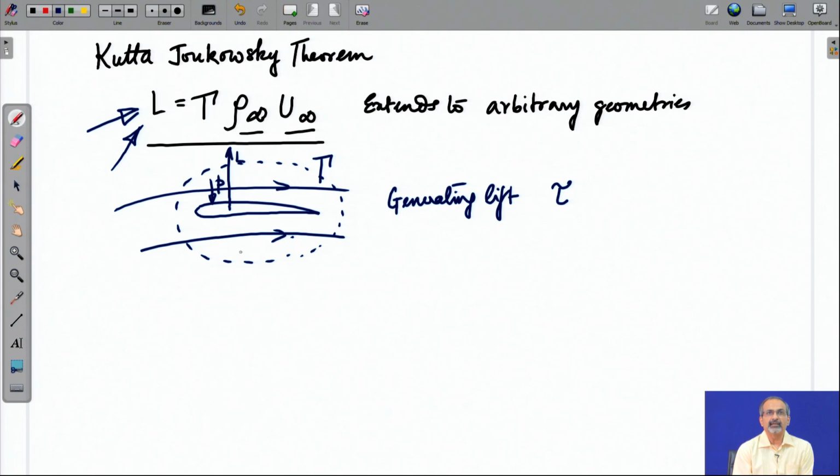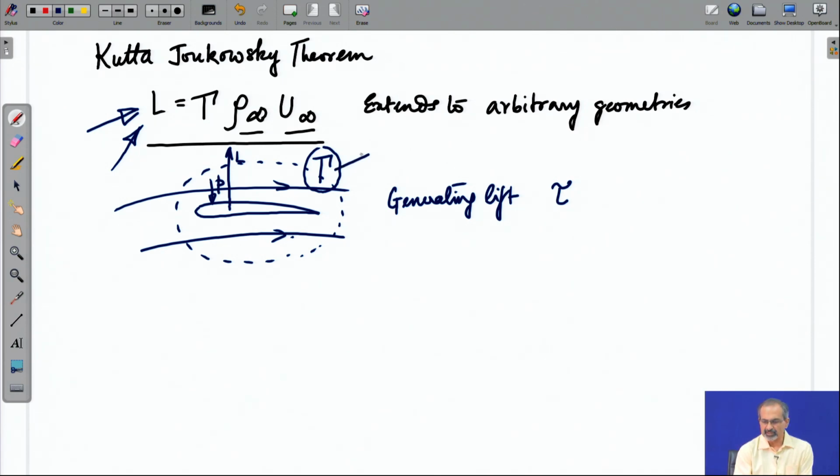Another way of looking at it is that there is a net change in the flow direction as it moves past the airfoil, and thereby there is a change in momentum which is responsible for the lift force. Another way of looking at it is that there is a net circulation around the airfoil, and based on the Kutta-Joukowski theorem, we can quantify the lift per unit span based on the circulation.